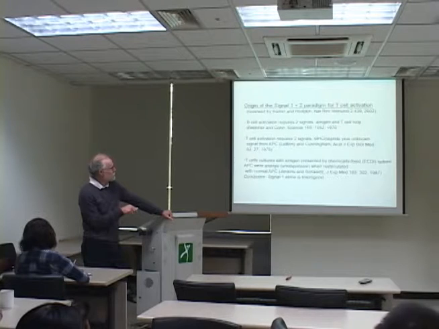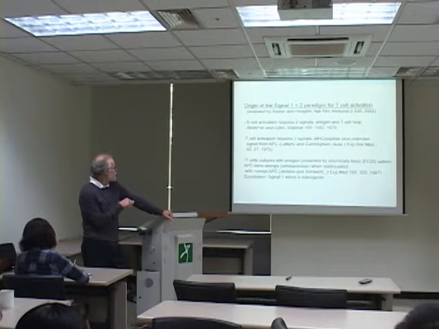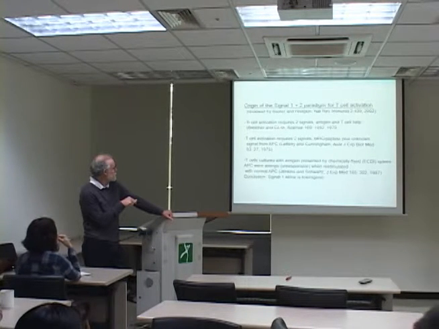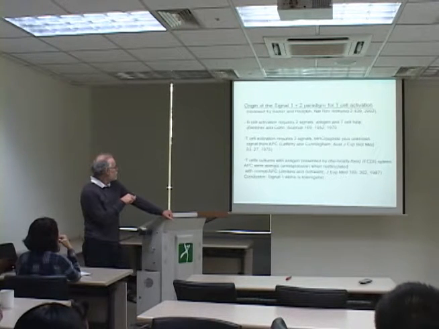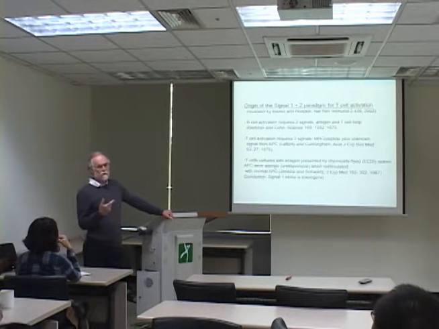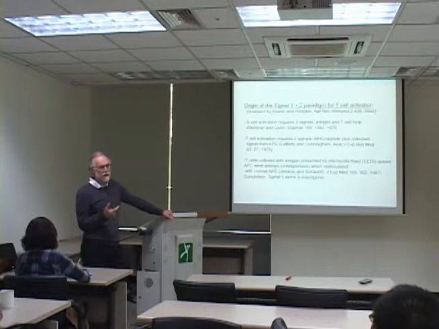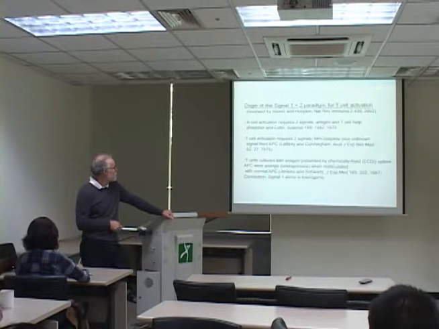published about 30 years ago by Mel Cohn, who's a well-known aged immunologist now at the Salk Institute in San Diego. These guys basically said that in order for a B cell to be activated when it sees an antigen, just recognition of antigen is not enough. There had to be something else that they called signal 2.